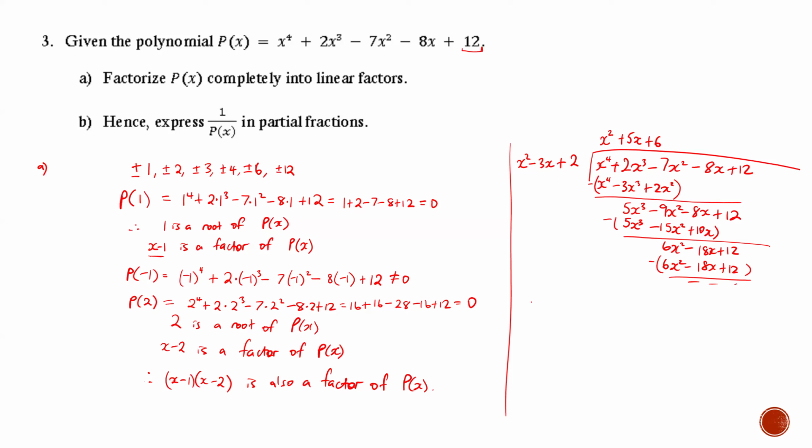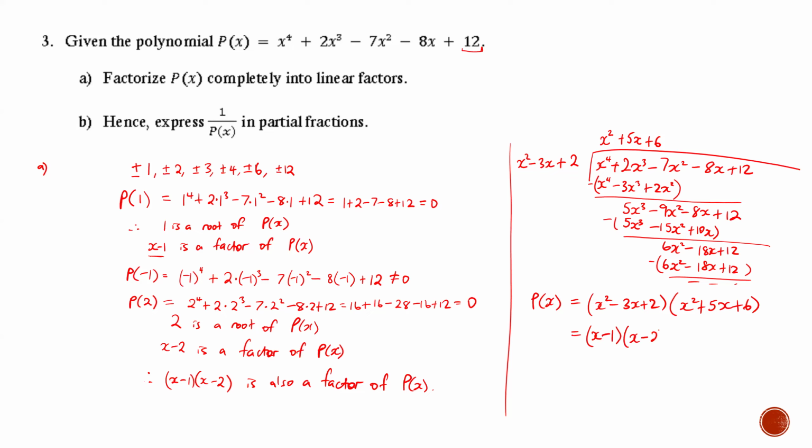And so what does this mean? It means our polynomial, it's quite a lot to write, so let me just write p of x. P of x is actually equal to x squared minus 3x plus 2 times x squared plus 5x plus 6. We know what the first term factorizes into.